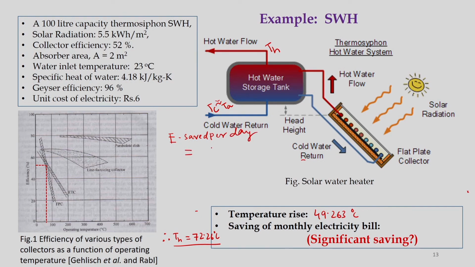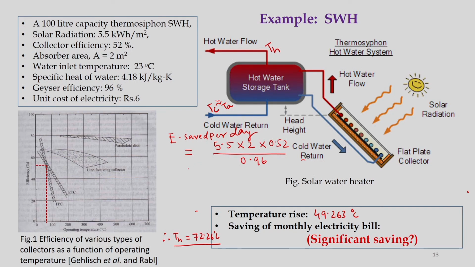Then how are we going to calculate it? We already know 5.5 is the amount of radiation falling on that particular locality, we also know the area of the collector is 2, the efficiency of the collector is 0.52, and the efficiency of the geyser is 0.96.